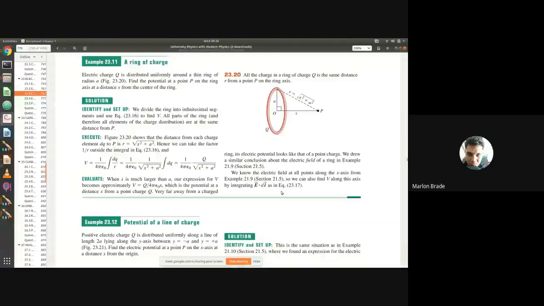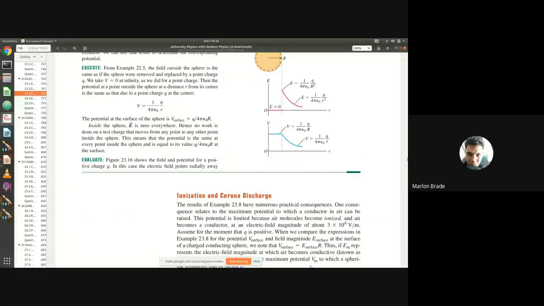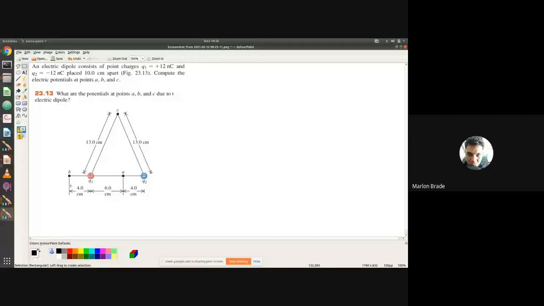I don't remember nanocoulomb, let me look. Nano is 10 to the negative 9, so nanocoulomb is 10 to the negative 9 coulomb. The solution is in the book. I'll explain it and let you continue, but I'll start it.